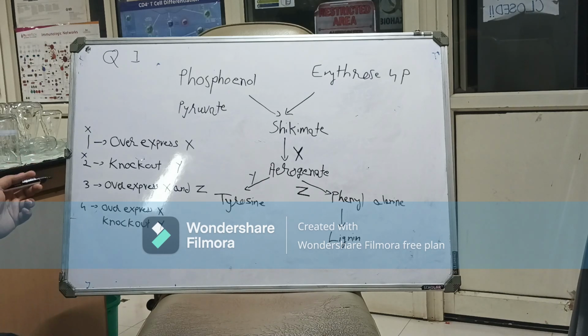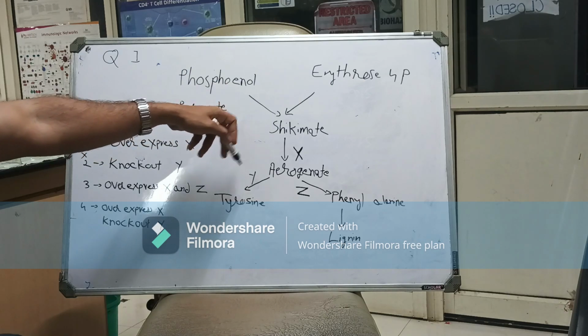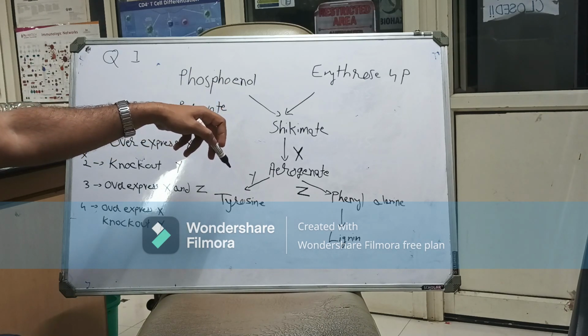Now what about overexpression of both X and Z? Again the same scenario. As long as Y is there, there will be some intermediate compound being directed towards tyrosine production.